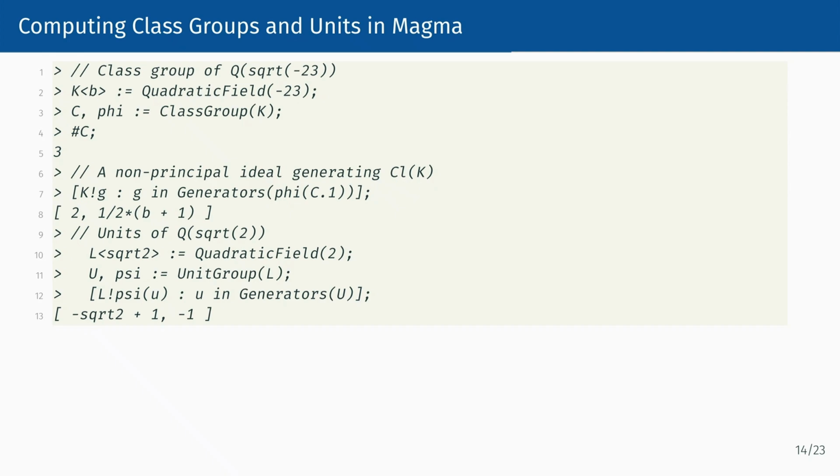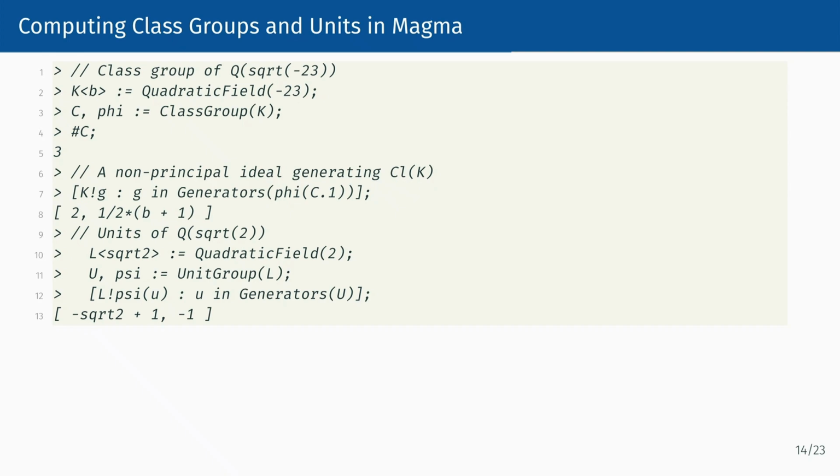So if I have an ideal, I can check which element of the class group it is. For example, here I loop over the generators of a certain ideal. This ideal is the image of the generator of C. C.1 is a generator of this group. I apply phi, I get an ideal, and when I get this ideal, I can look at its generators.